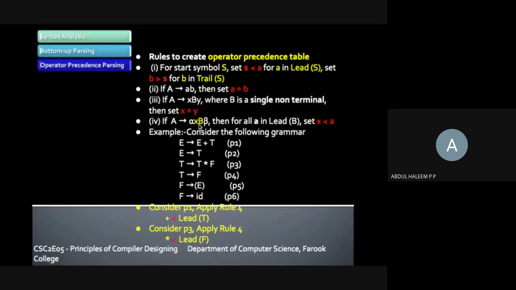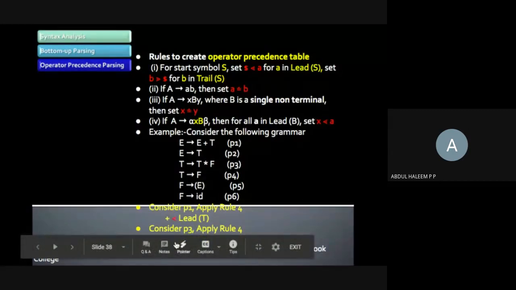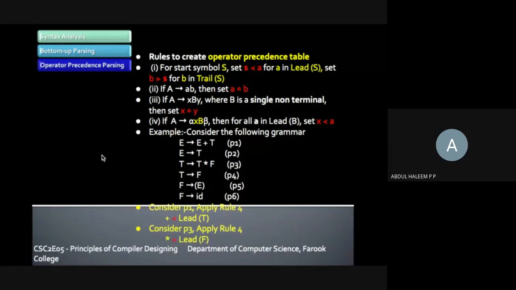Again here XB, XB is star F. So star is having lesser precedence than lead of F. Star less than lead of F. That's what the rule says.